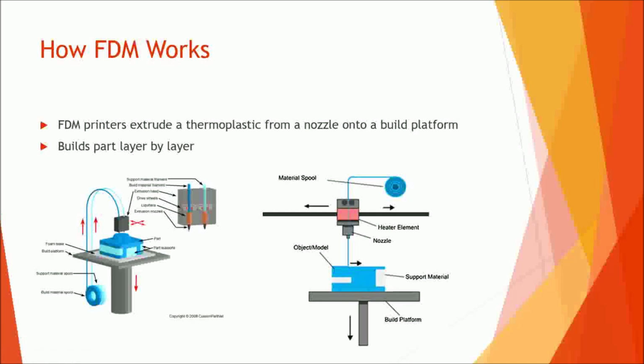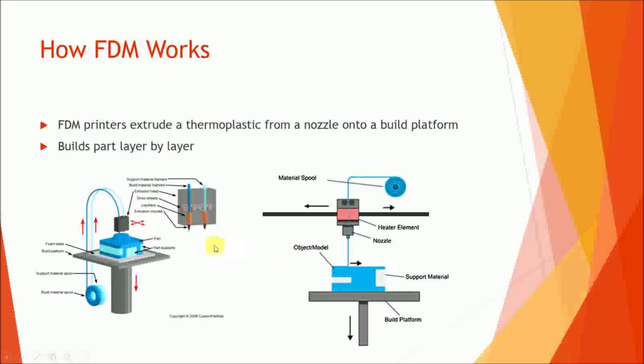After each layer prints, the build platform will step down in specified increments as the part builds up. So you can see in this picture, this is simply a single extruder design. It only has one nozzle, and you're printing with just one material. And these supports are also the same material that the part is printed out of.